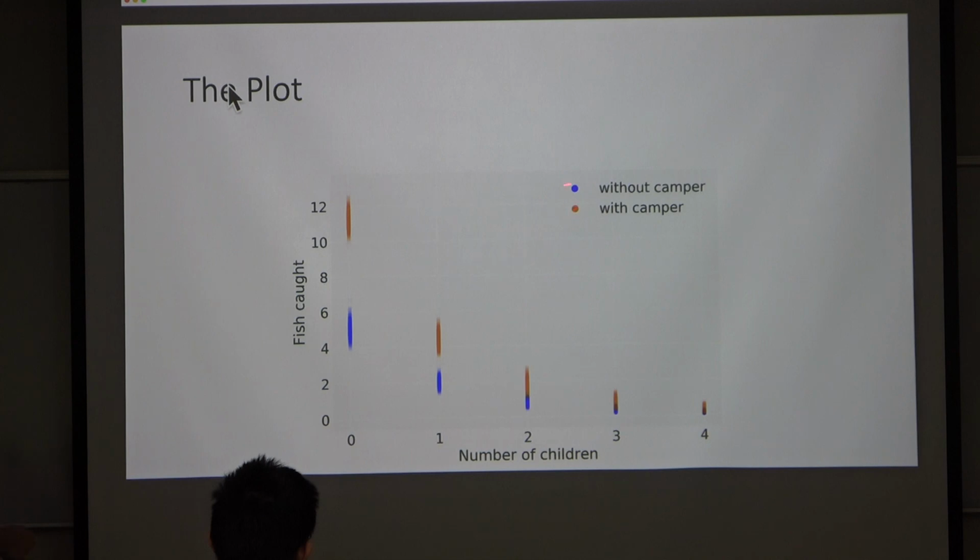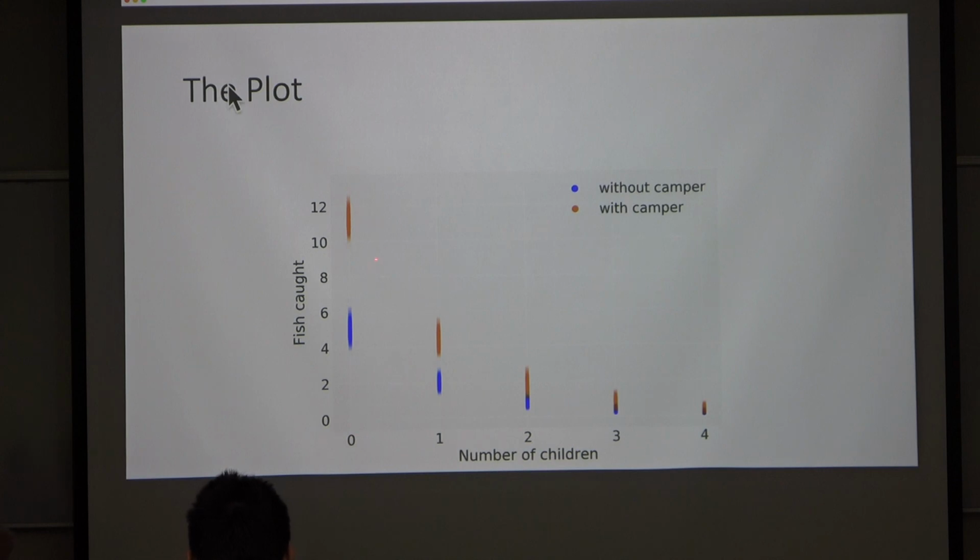The blue group indicates without camper. The orange group indicates with camper. So you can see that families with a camper tend to catch more fish, right? Also, this margin diminishes when you have more and more children.